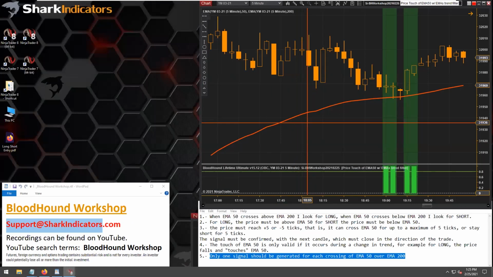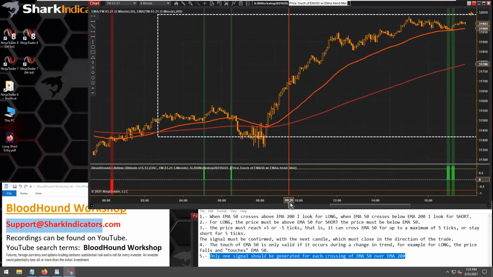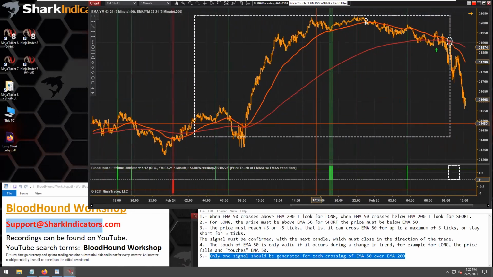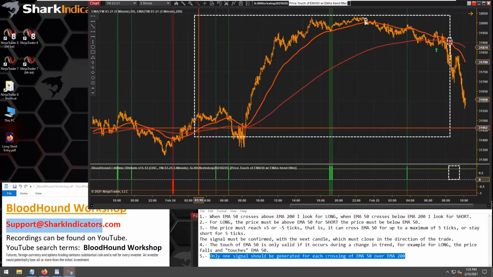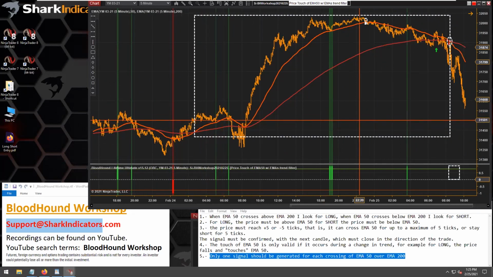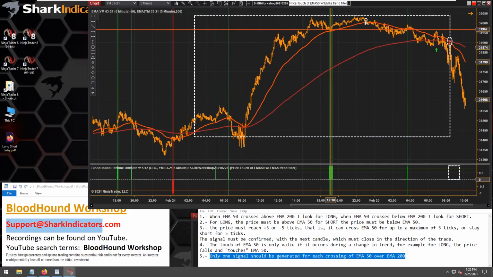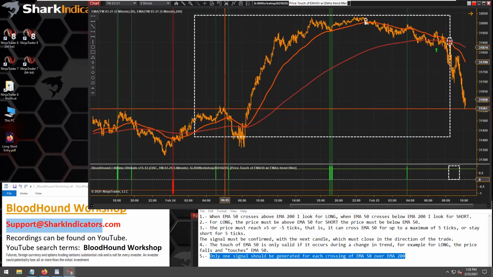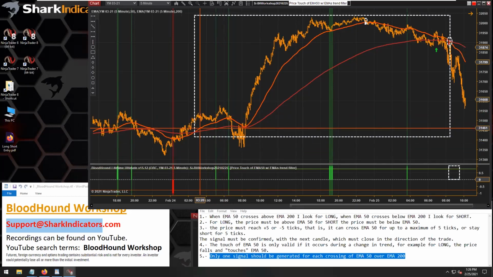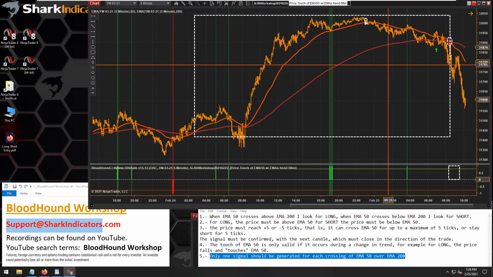Yeah, there we go. During this entire long setup or long trend, we're now seeing multiple long signals here. So we want to filter. This last part here is making sure that we only see the first signal during this entire long setup.